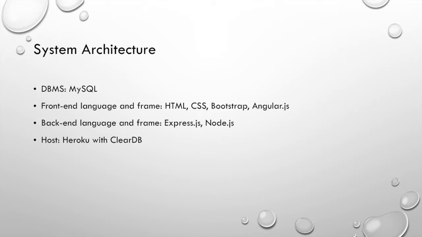For our hosting, we are using Heroku because Heroku is free and very easy to set up. But the default database for Heroku is PostgreSQL. So in order to run MySQL on Heroku, we need to use an add-on called ClearDB that will help us run MySQL on Heroku.